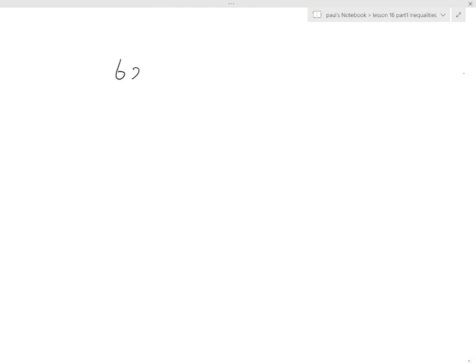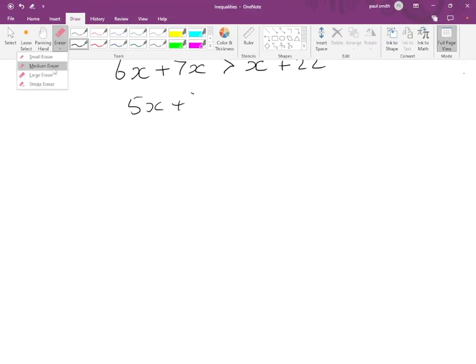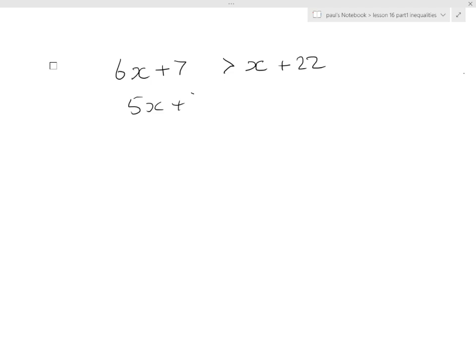So then we move on, as we did in linear equations, to having an x on both sides. So now we get rid of the smallest number of x's because they're both positive. So take 1x away, that leaves 5x plus 7 is less than 22.